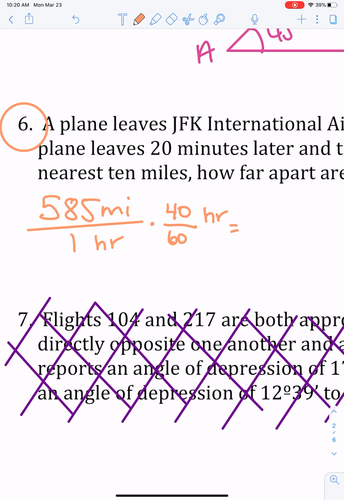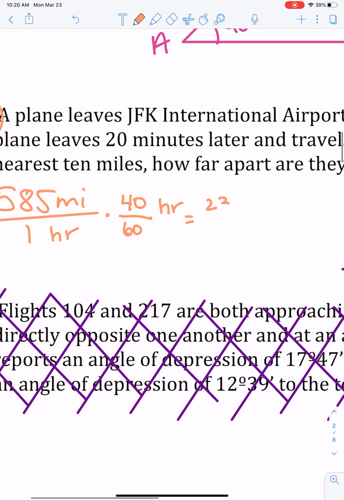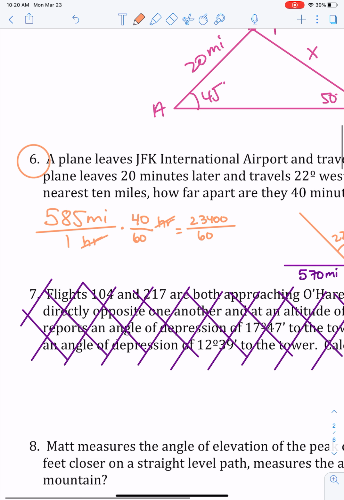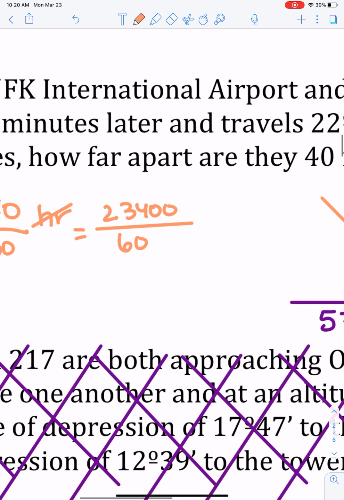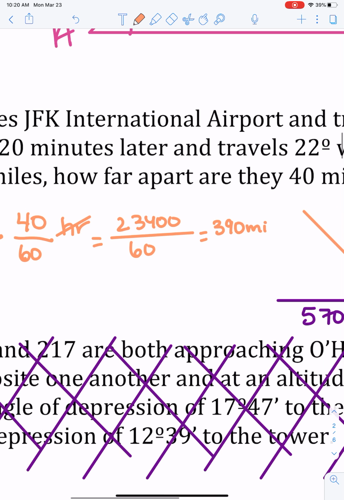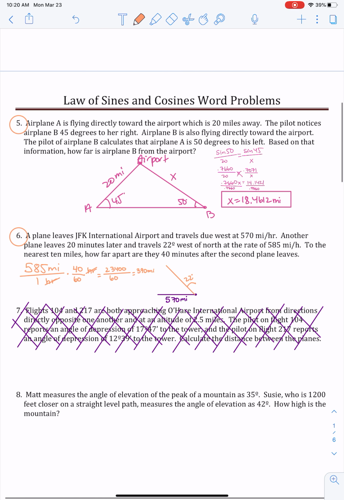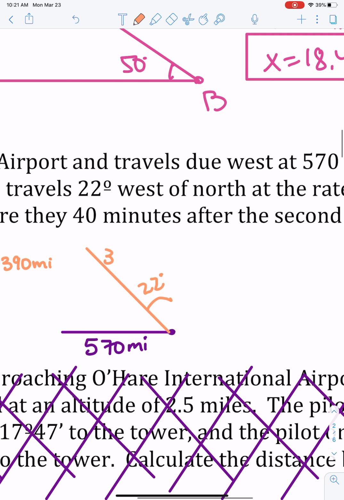So if I want to get the miles, I do 585 times 40, which is 23,400 over that 60. The hours cancel out. You've done this in physics before. And that will give me 390 miles. So that second plane didn't travel 585 miles. They only traveled 390.